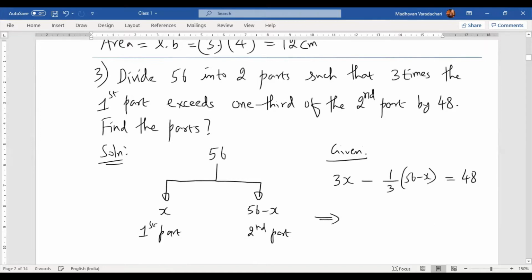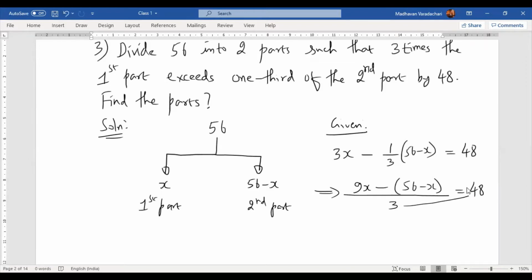Next, I will consider the LCM, which is 3, because here there is a 3 that will get multiplied with this 3x. So it will become 9x minus (56 minus x) equal to 48.